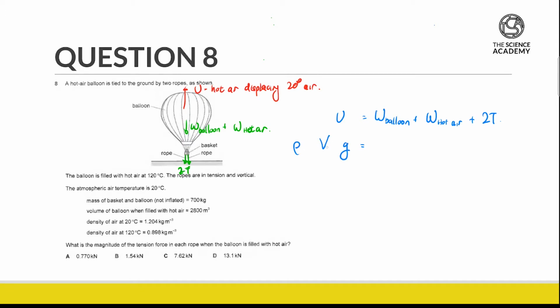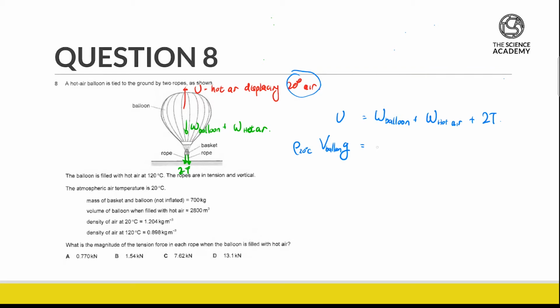But V is going to be the entire volume of the balloon, because the entire volume of the balloon is immersed in air, specifically the cold 20 degrees Celsius air. So the density on the upthrust side is going to be that of the 20 degrees Celsius air, because you are immersing this entire balloon inside it and displacing the 20 degrees Celsius air.